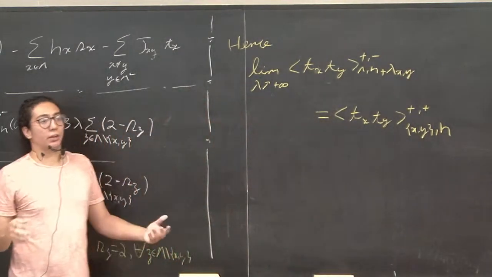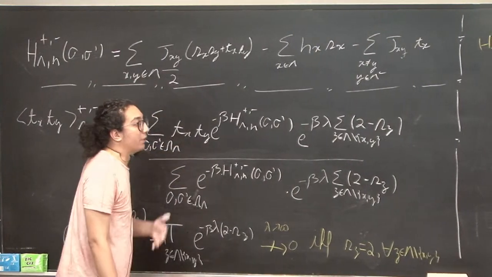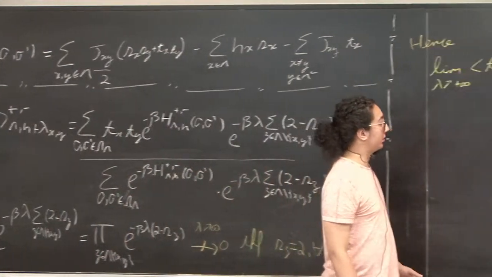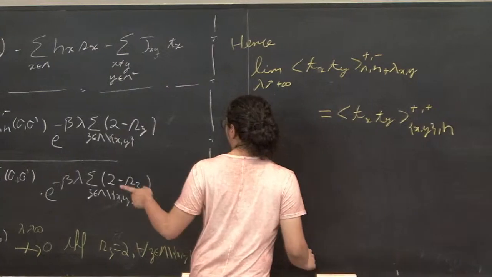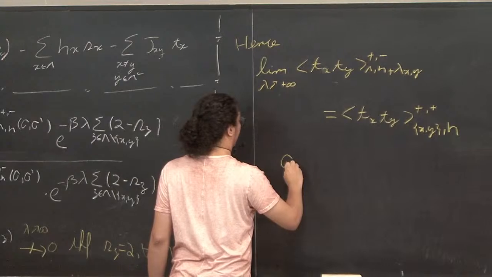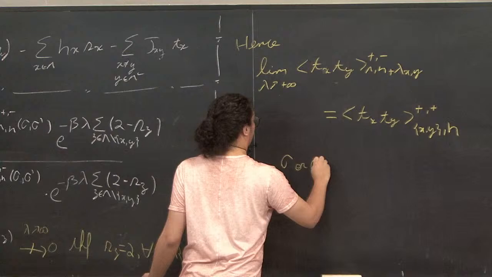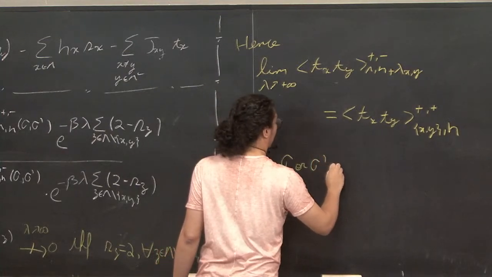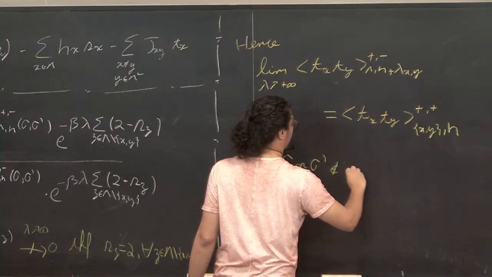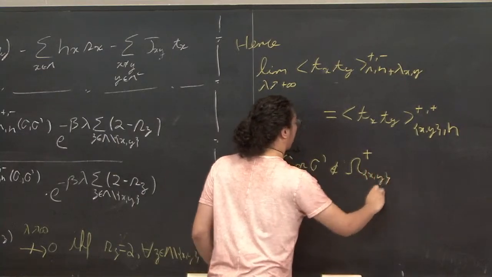And to see this, you just look at the sums here, and whenever the two configurations, sigma or sigma prime, are not in here, in the omega plus x and y, they are not a configuration of this form.